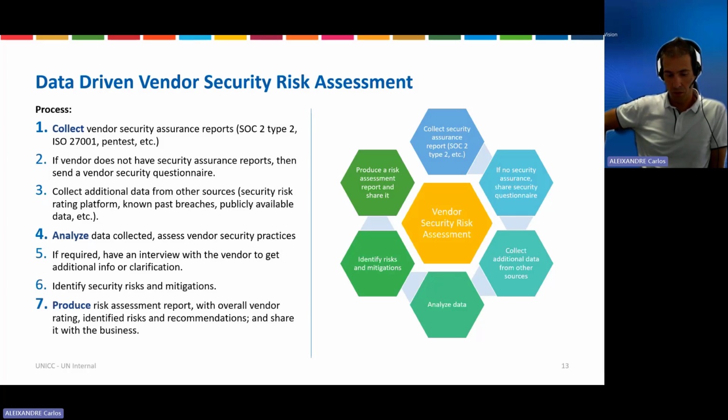I think it's a good thing to have an overall vendor security rating. It could be A, B, C, D, or it could be in another form, but it's very visual and very understandable for the business if we have an overall vendor risk rating. And also very important, the identified risks and the recommendations that we have to mitigate the risk. And we should share that with the business.